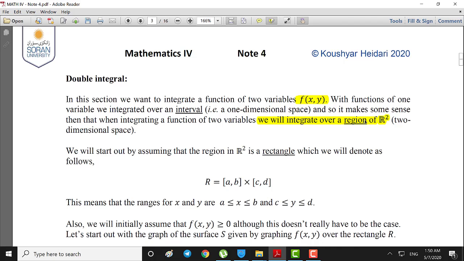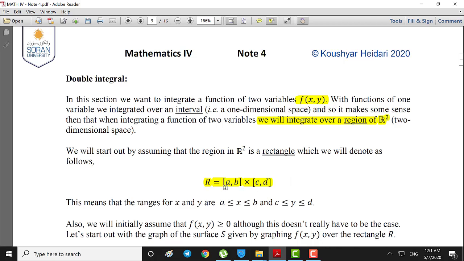Okay? Now, let us start out by assuming that the region in R2 is a rectangle, which we will denote as this. So R equal to interval from A to B times the interval from C to D is how we denote a rectangle in the xy plane.